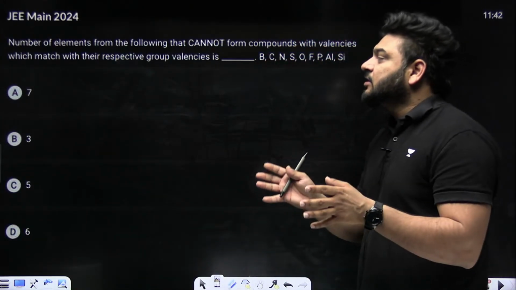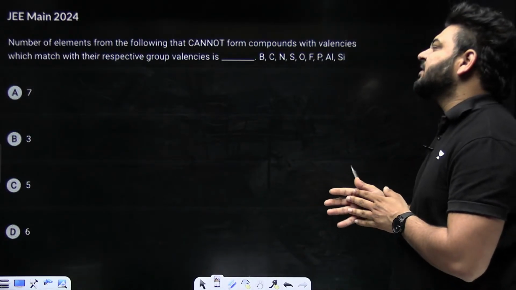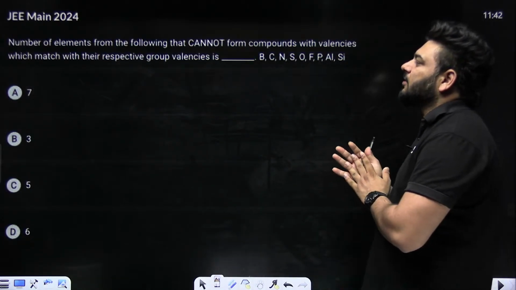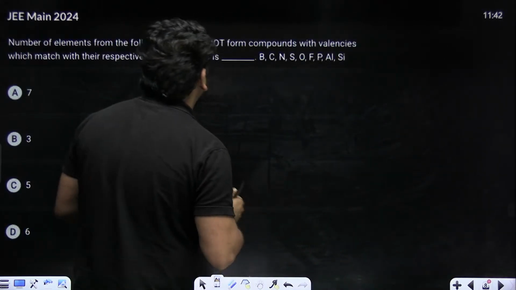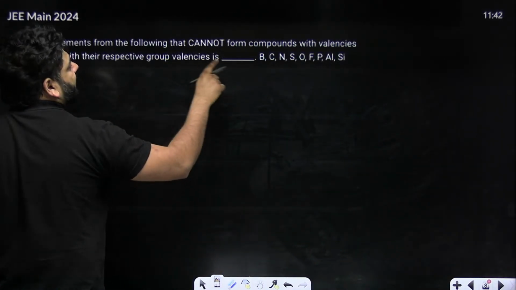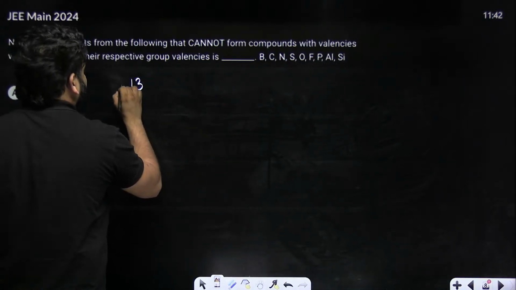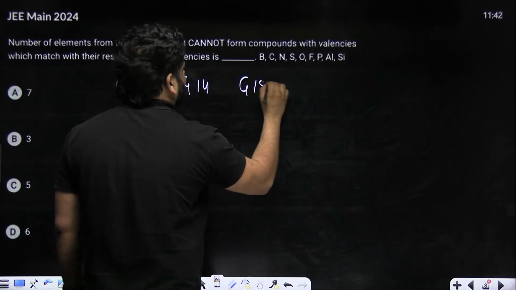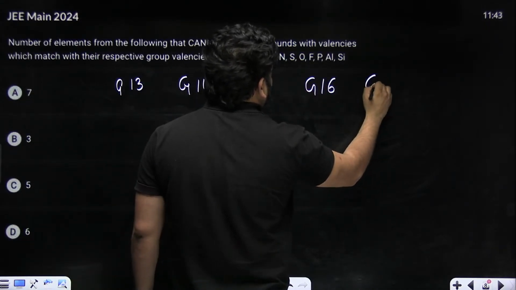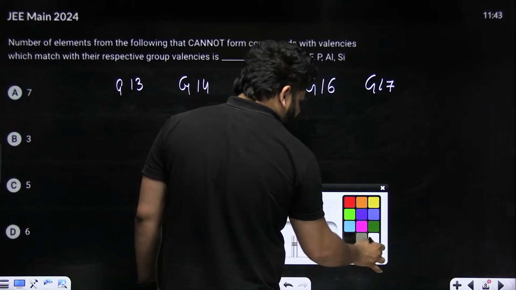The question simply says: the number of elements from the following that cannot form compounds with valencies equal to their respective group valency. What is the common valency here? So let's say we have boron and carbon here, which means groups 13, 14, 15, 16 and 17.